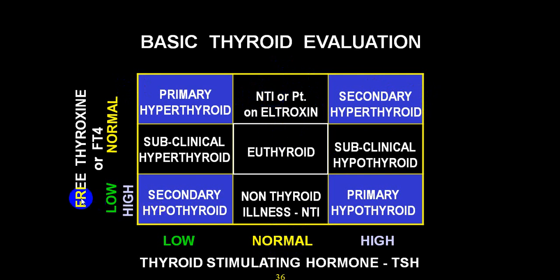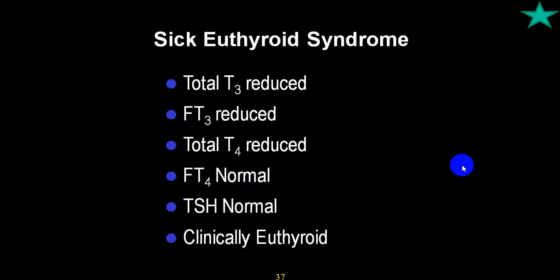While if T3, T4 is low, mainly T3 is low, and TSH is normal, it is mainly in case of what we call non-thyroid illness, or we call sick euthyroid syndrome.